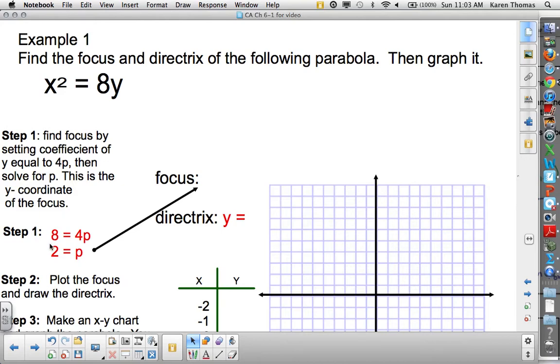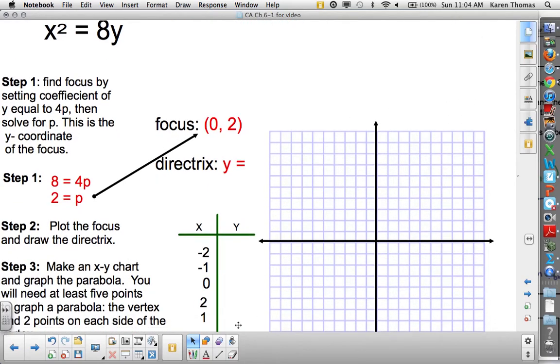So I said 8 is equal to 4p, divide both sides by 4, and I get 2 is equal to p. I then write my focus as 0, 2, and I can actually plot that focus now.